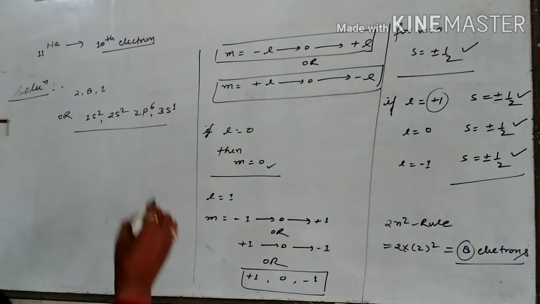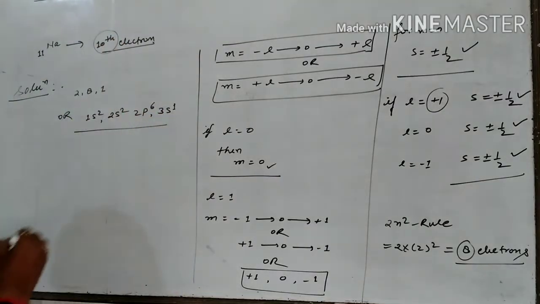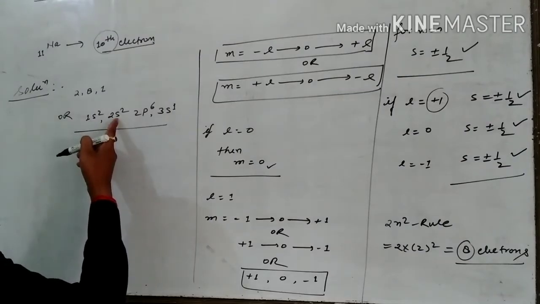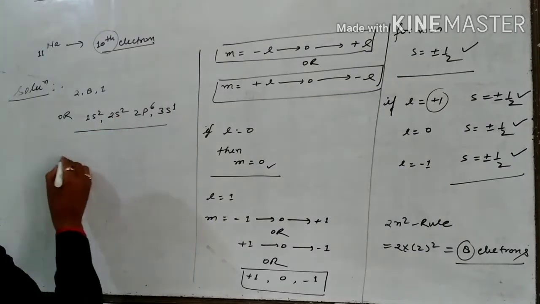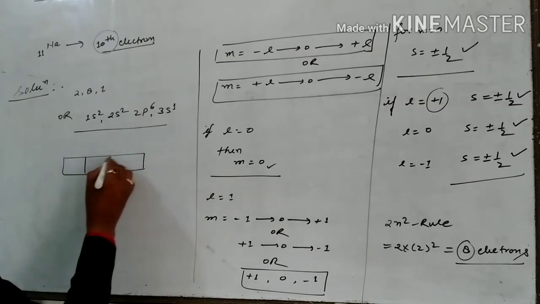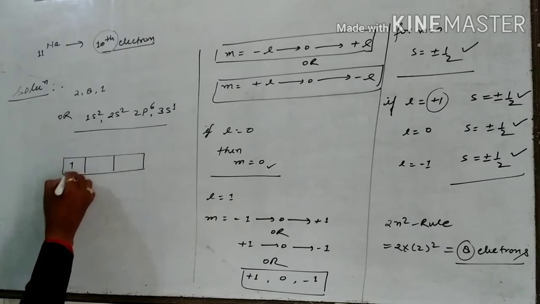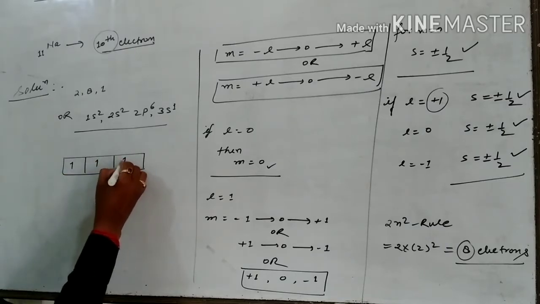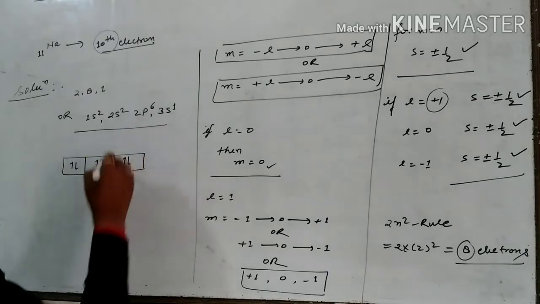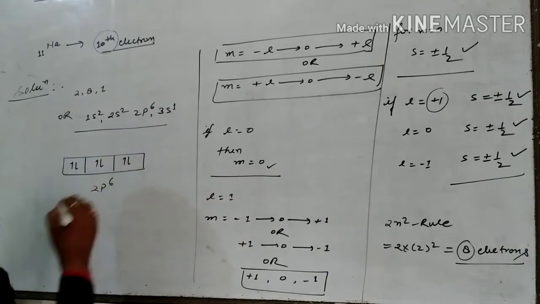Now you have to check where the 10th electron is. You know 2 electrons here, 2 here. So 4 electrons are completed. After that in p, 6 electrons you have to fill up. One electron is this, second is this, third, fourth, fifth and sixth. In p you are filling these electrons.